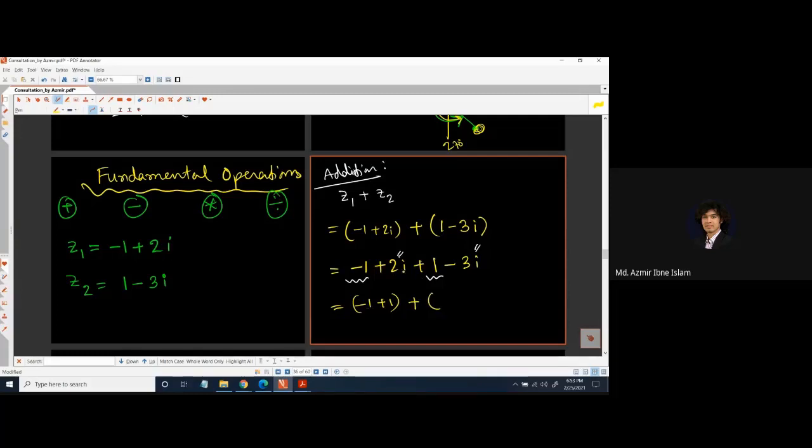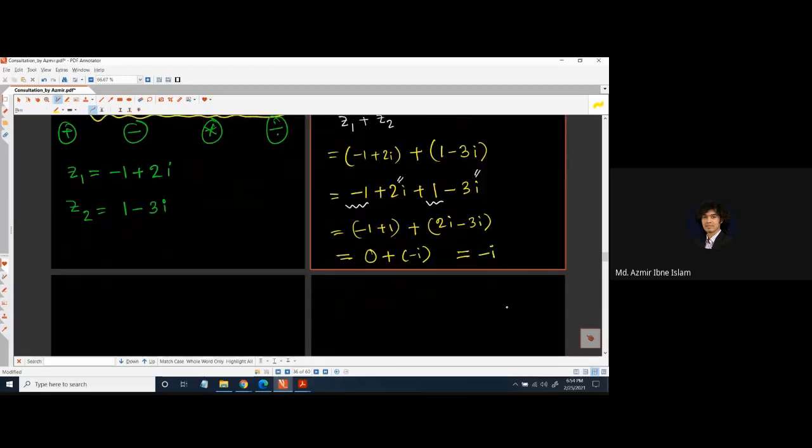And the imaginary parts that we have, 2i, -3i. So now it is easy to add. So we have 0 plus, here we are getting -i. So this is how we can add two complex numbers.